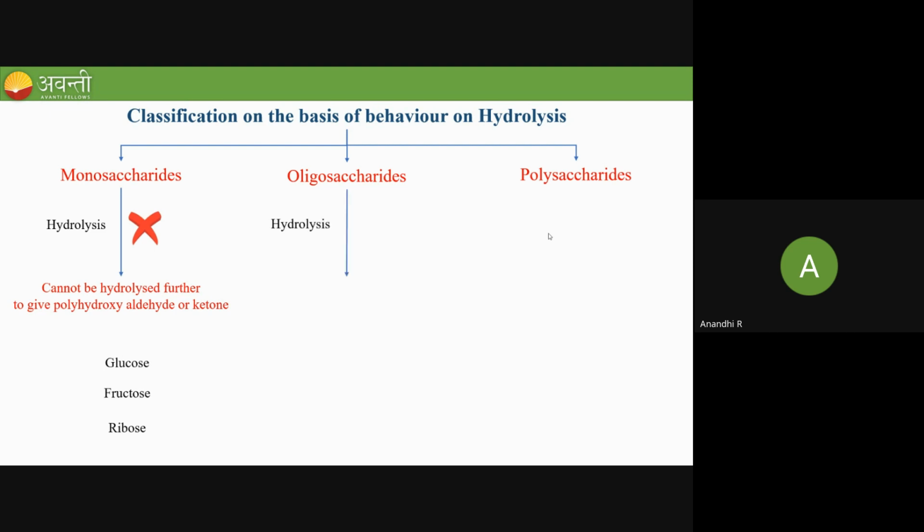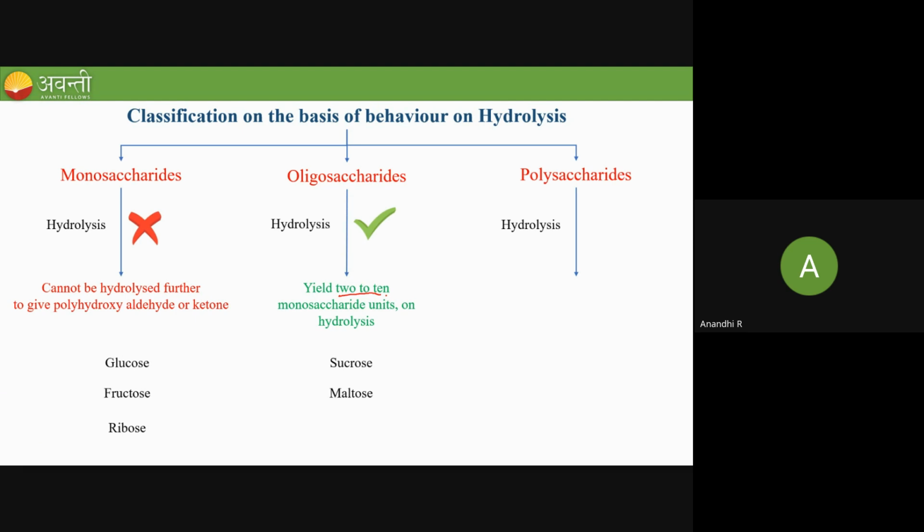Then coming to the oligosaccharides, they undergo hydrolysis, and on hydrolysis they give 2 to 10 monosaccharide units. The examples are sucrose, maltose, and lactose.